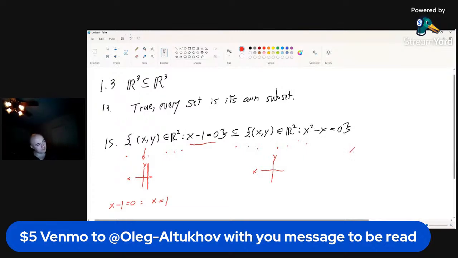Well, let's solve that. X squared minus x equals 0. I think that might be a parabola. Okay, so hang on a minute. Give me a second. We have to factor it.